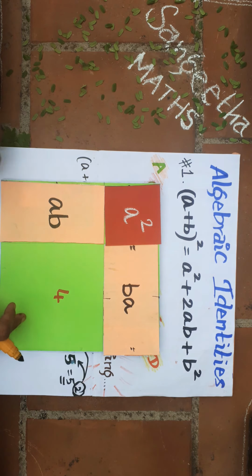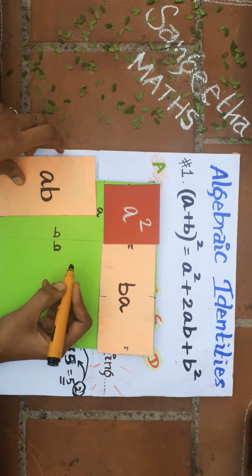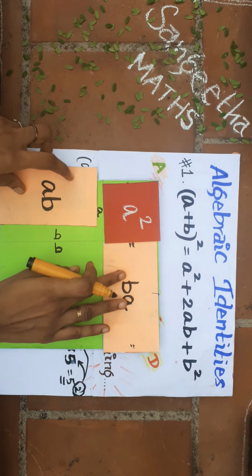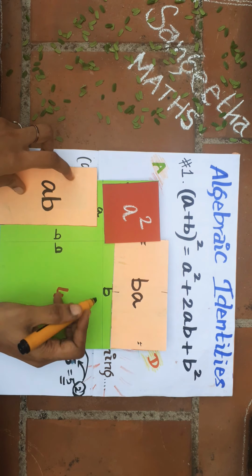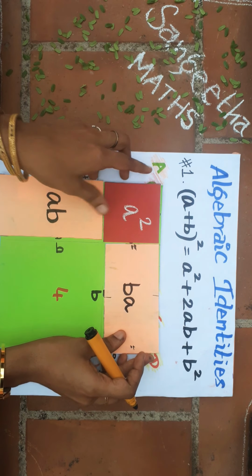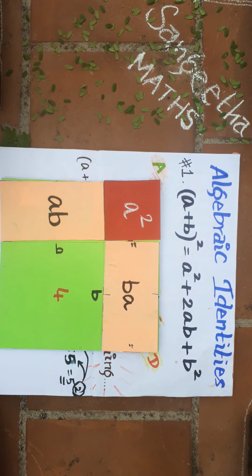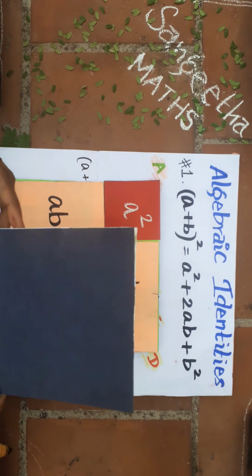And I'm coming to the fourth part. So this is B, and definitely this is also B. Same measurement, right? So this part is also B. We have found the area of three parts. Now we are moving to the fourth part. What does the fourth part look like?